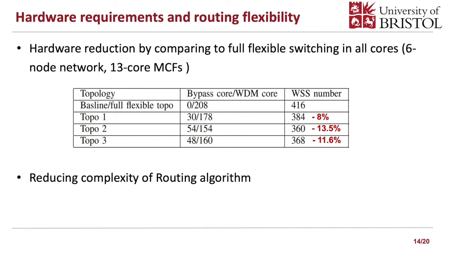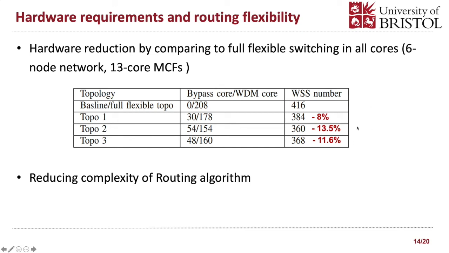And we also look into the hardware requirement. Consider this is only a 6-node network with 13-core microfibers. By comparison with the baseline design, in the different topologies we mentioned before, we can reduce the required WSS number by 8%, 13%, or 11 to 12%, based on the different topology.